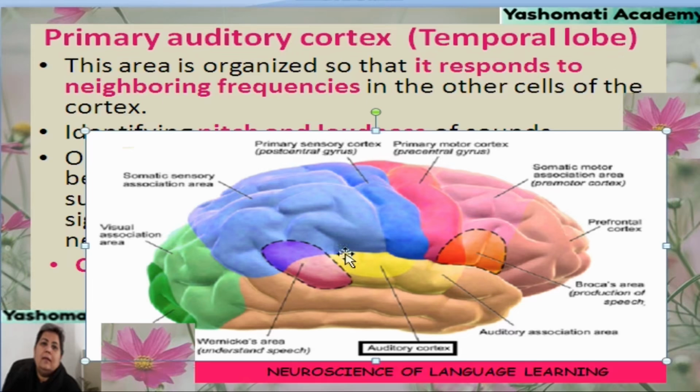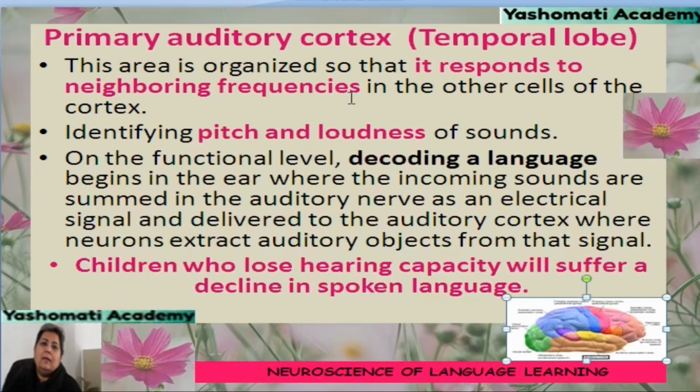In the temporal lobe, there is an area called the primary auditory cortex. This area is mainly responsible for understanding the speech. It is organized so that it responds to neighboring frequencies in the other cells of the cortex, and through this area we can identify pitch and loudness of sound.